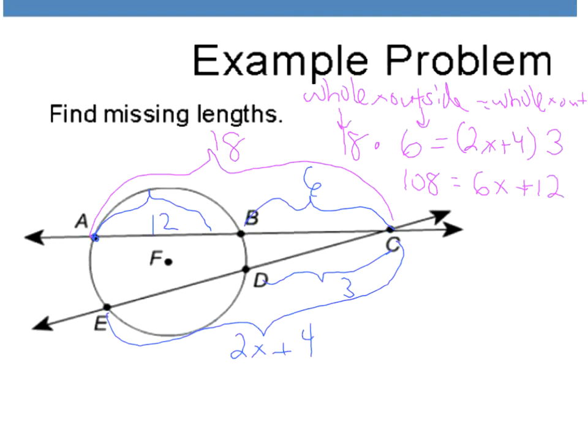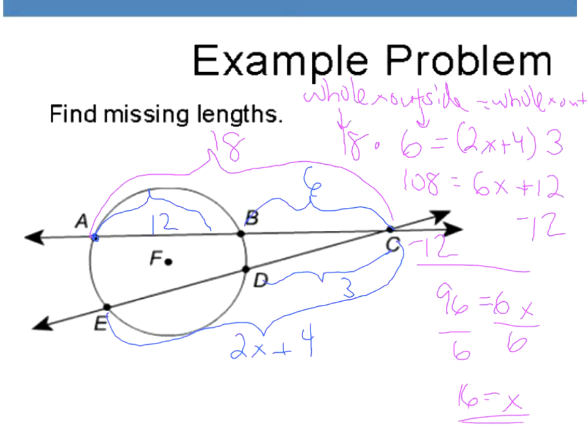Should be an even number, no decimals. Okay, so you move the 12. We get 96 equals 6x. We divide by 6, and we get x equals how much?